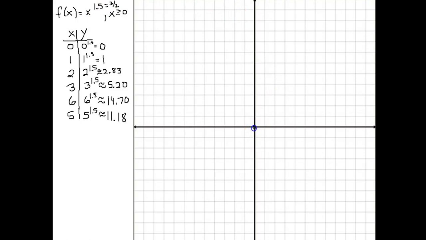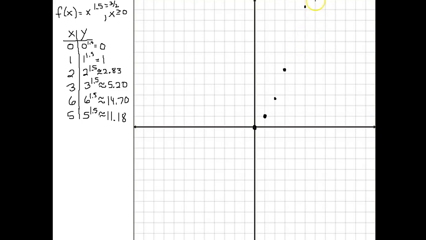All right, 0, 0 goes here. 1, 1 goes here. 2, 2.83 can go roughly here. 3, 5.20 can go about right there. 5, 11.18 goes roughly right there.